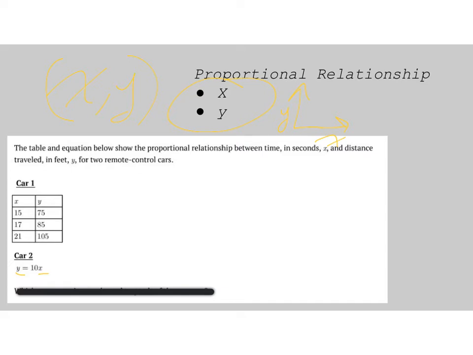Now, remember when we have a table, we have to find the difference in y and divide that difference in y by the difference in x. So remember, that's change in y divided by change in x.